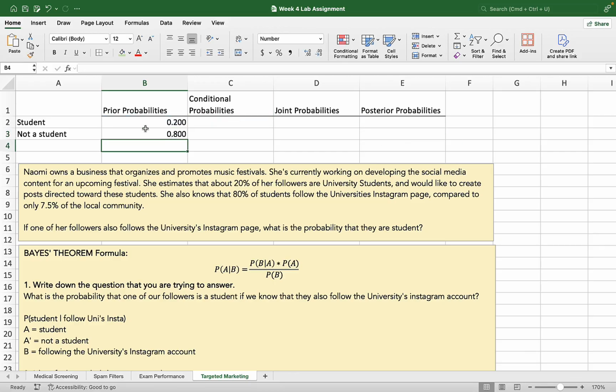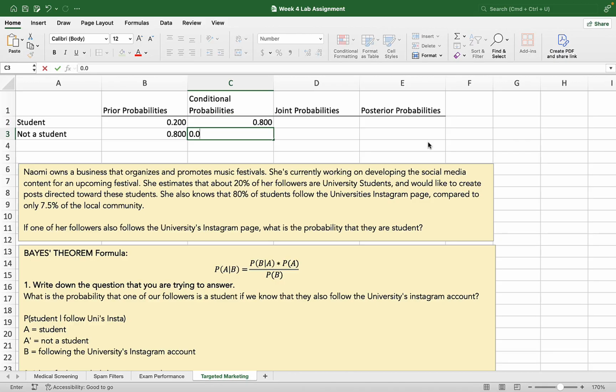That's 80% because these are complements. The conditional probabilities that we have are the probability that a student's going to follow the university Instagram account. Well, in this case, we know that 80% of students follow the university's Instagram account, but only 7.5% of community members do. These two do not have to sum to 1.